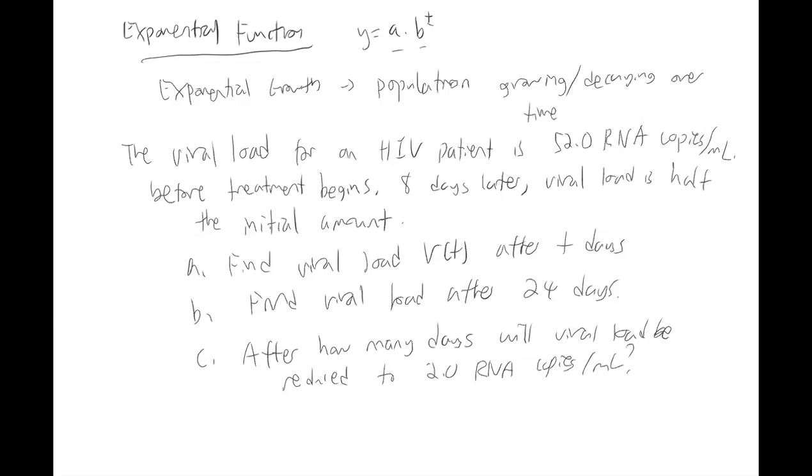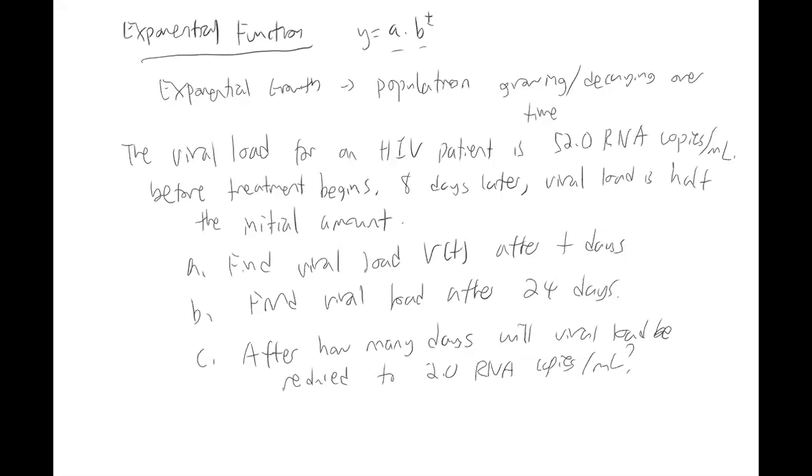So let's use the first information. Before treatment begins, think of Y as RNA copies. So before treatment begins, we have 52 RNA copies. What is T? How much time has passed if treatment didn't begin yet? 0.